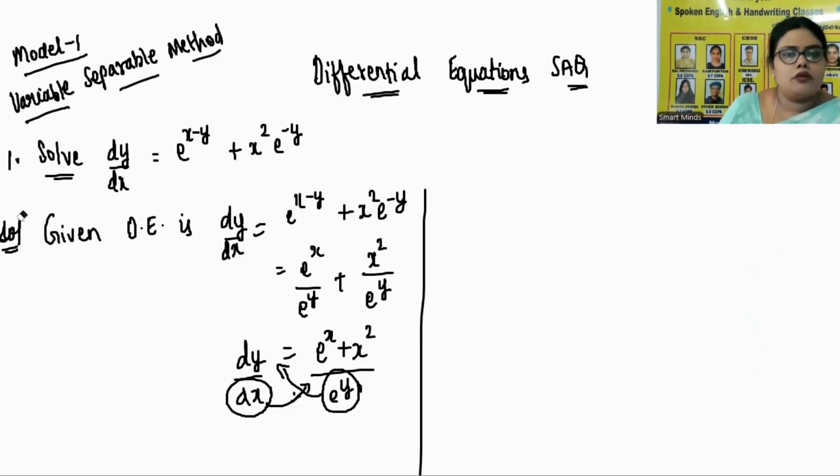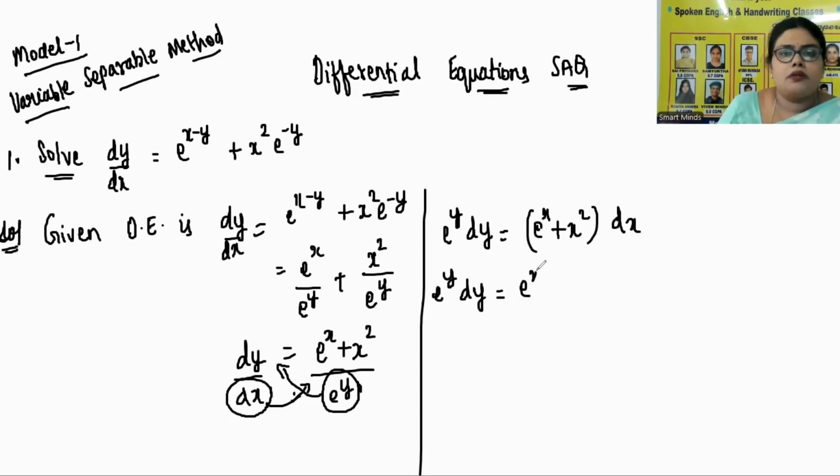So now how to proceed? This will become e power y dy is equal to e power x plus x square dx. Now again we will separate it: e power y dy is equal to e power x dx plus x square dx.